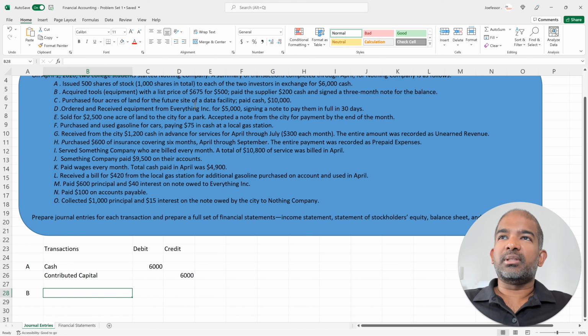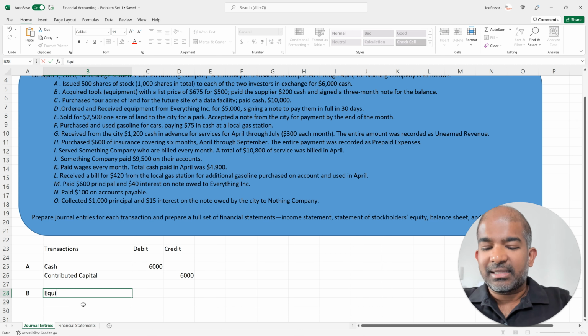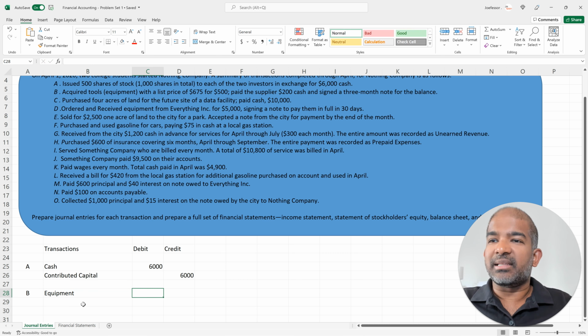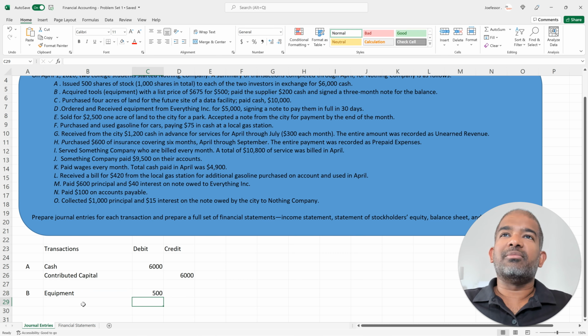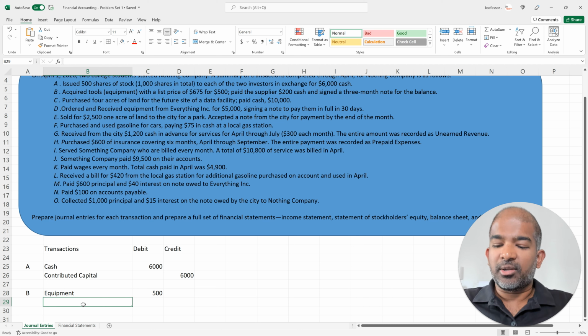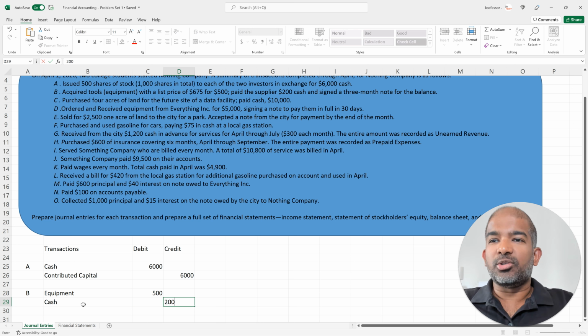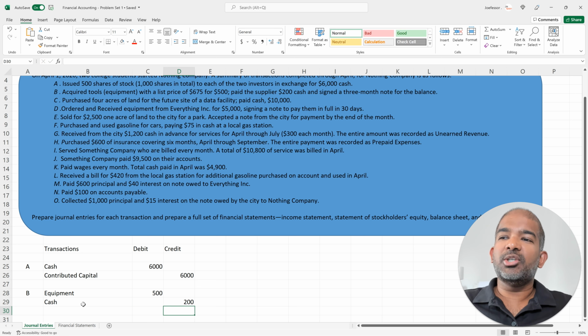The journal entry for this is, first you're receiving an equipment of value $500. So that's an asset which increases, and hence I'm going to debit my equipment by $500. Because I'm paying cash of $200, my cash account is being credited by $200, because cash is an asset which decreases, or which goes down, and hence I'm going to credit it.